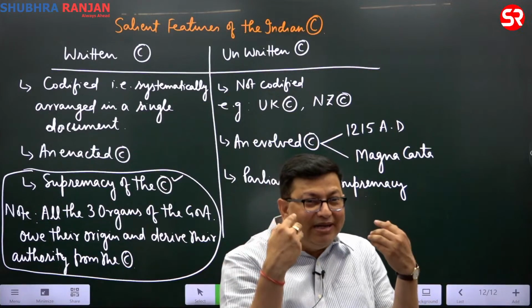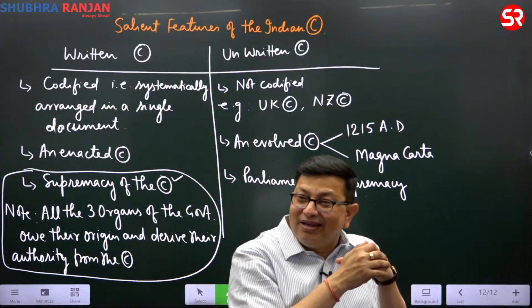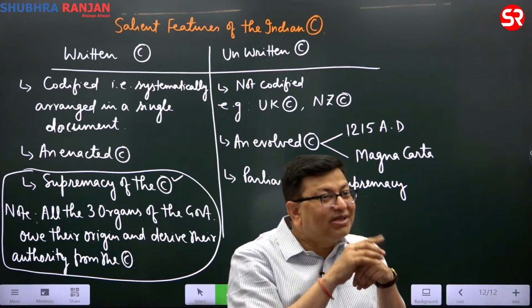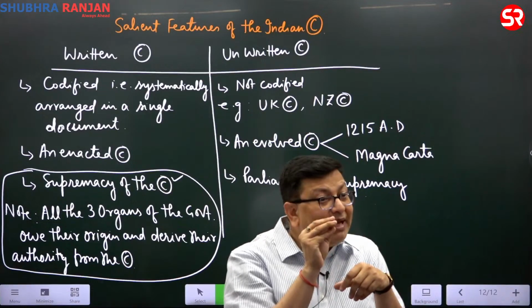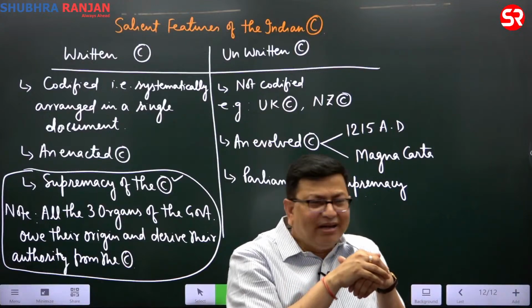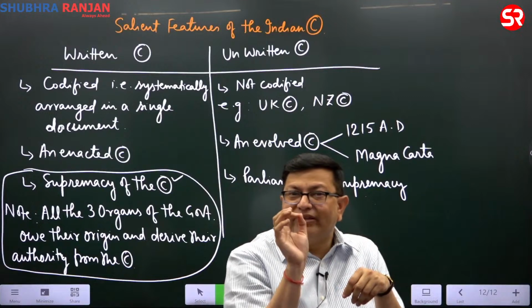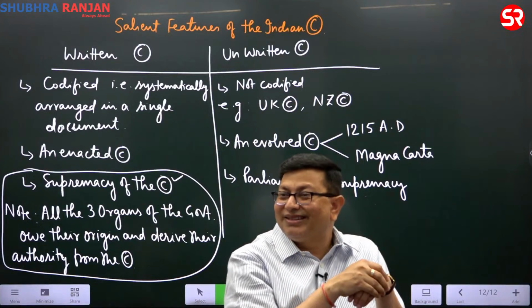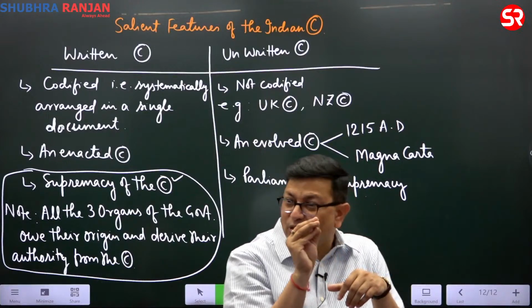So the Parliament became supreme. And when we talk about the supremacy of the British Parliament, it can make laws on any subject, and it can change an existing law by a very simple process. This is what we can call parliamentary supremacy.